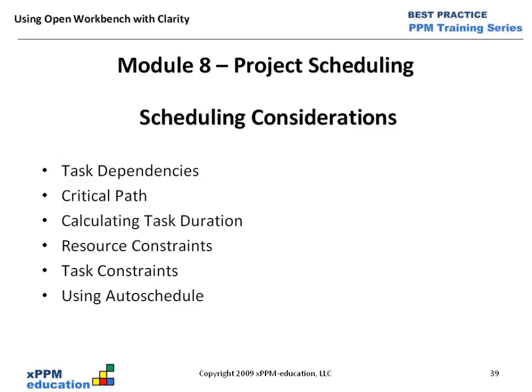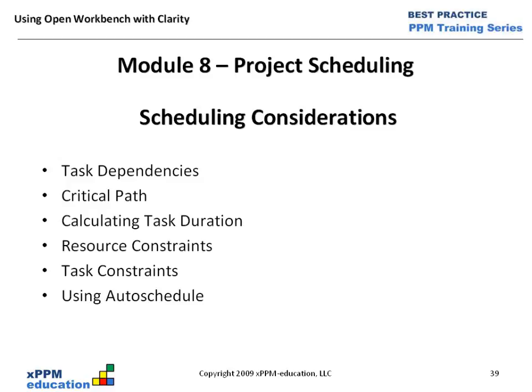Do we want task durations to be set by us, or do we want Clarity Open Workbench to set the task duration for us? The next item is resource constraints, and we'll see when we do AUTOSCHEDULE we can have a choice of whether we do resource constraints or not. And by that what I mean is basically resource leveling.